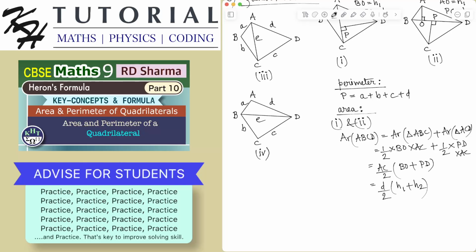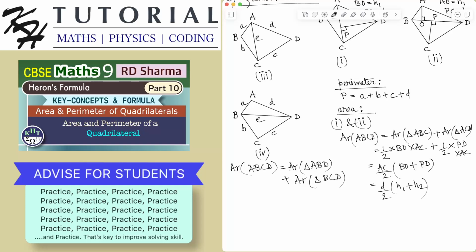We will use Heron's formula. Clearly, the area of the quadrilateral ABCD is equal to the area of the triangle ABD plus the area of the triangle BCD.